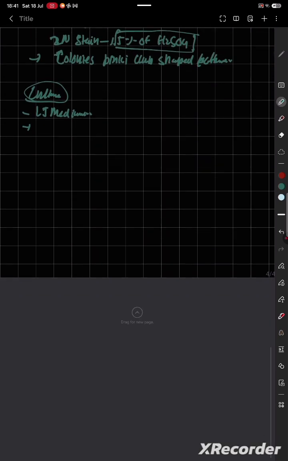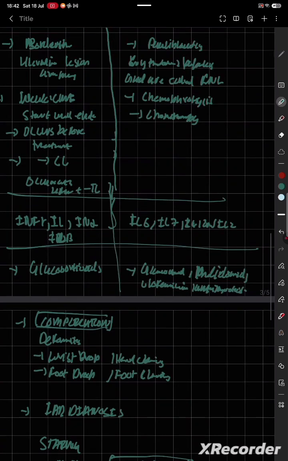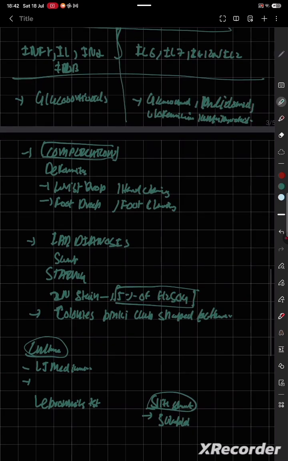You also have the lepromin test and the slit smear test. For sample collection, the sample has to be from the lesions, the papules.